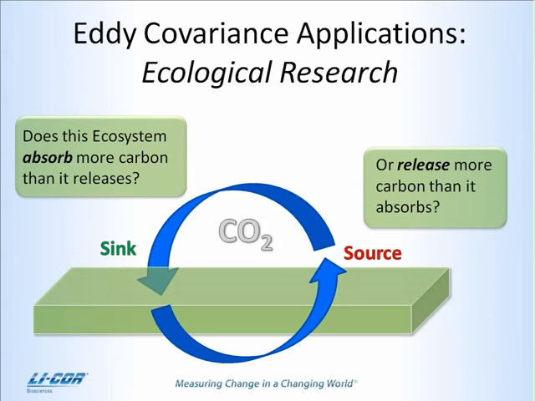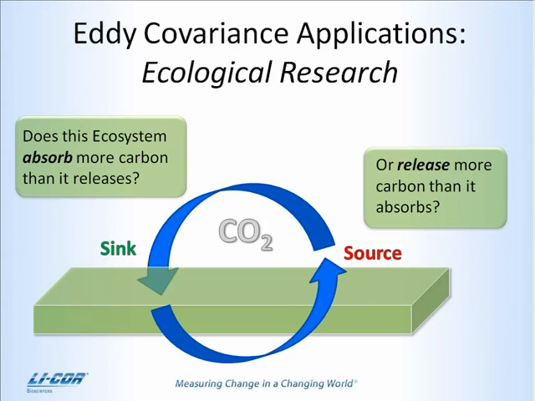If there's more carbon getting absorbed into the ecosystem, it's acting as a sink for carbon. If an ecosystem is releasing more CO2 than it's absorbing over the course of the year, then the ecosystem is a source. Some other questions might be, by how much? You want to know the amount of carbon that is either being absorbed or released over the course of the year.